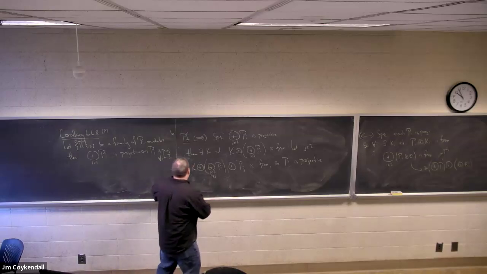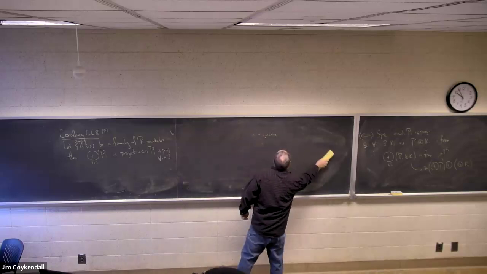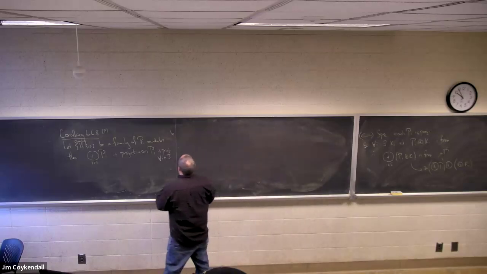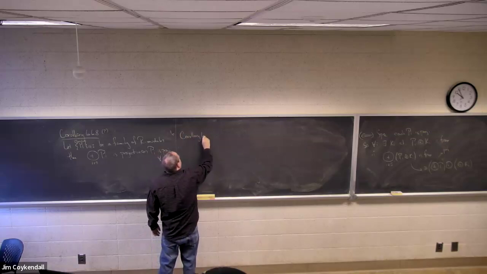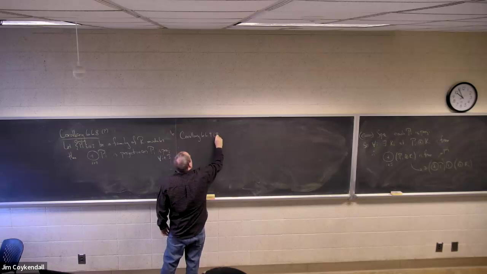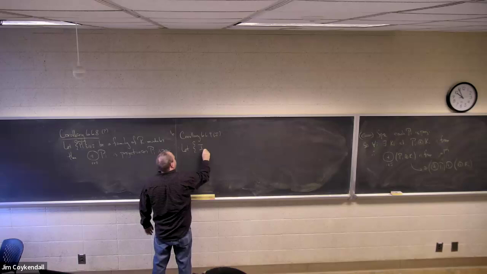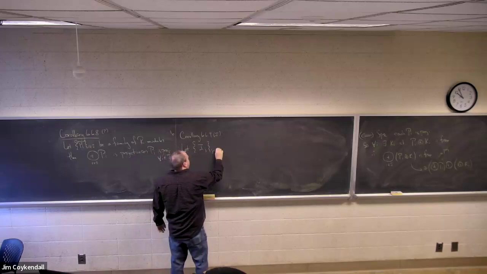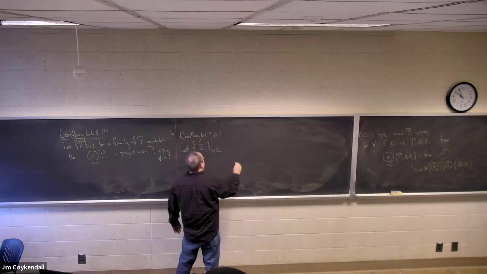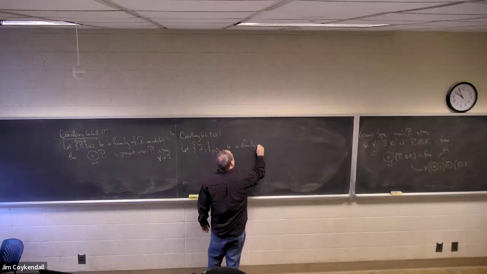I'm going to give you one quick corollary and we'll be out of here for today. I'm going to do the injective result, which I will leave the proof as an exercise. Let I_j, j in some index set, whatever that Greek letter is, be a family of R modules.